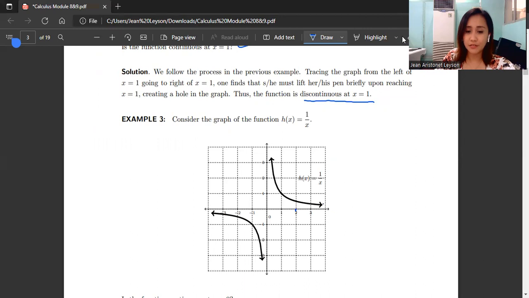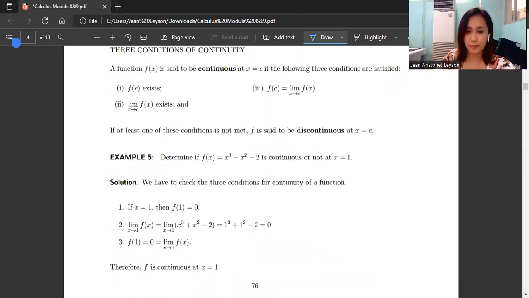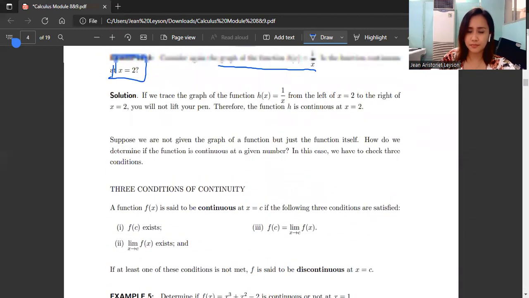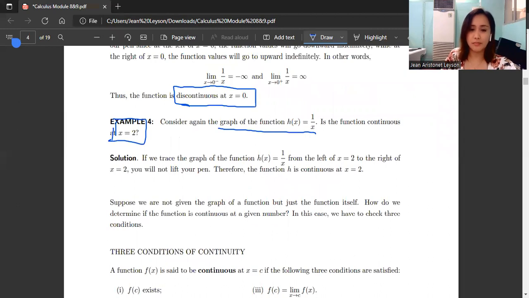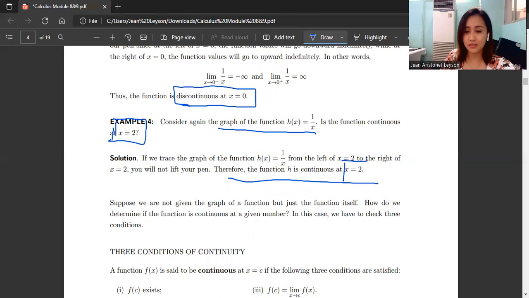So from the left of 2, going to the right of 2, you need not lift your pen. So at this certain point right here, the function is continuous. Therefore, the function h is continuous at x is equal to 2, but not at x is equal to 0.